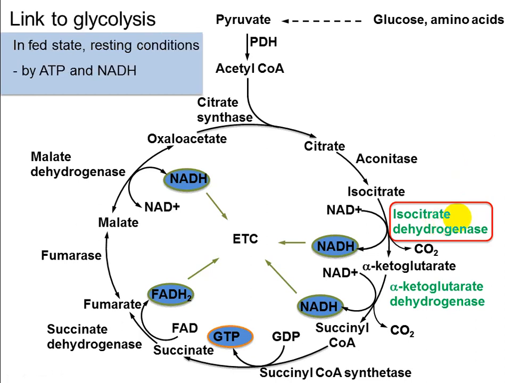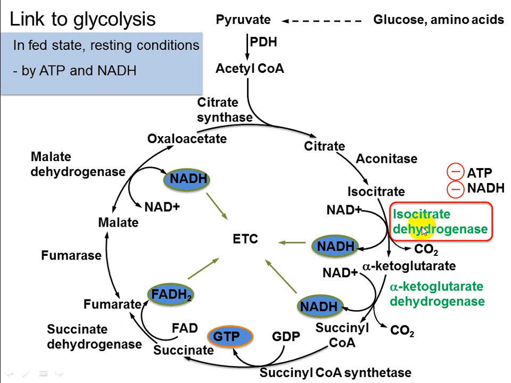For example, during the fed state, especially under resting conditions, metabolism of excess nutrients generates more energy than needed. What shall we do? We should slow down energy production. How can we do that? The first thing we can do is to slow down the TCA cycle, and that is achieved by inhibition of this enzyme.